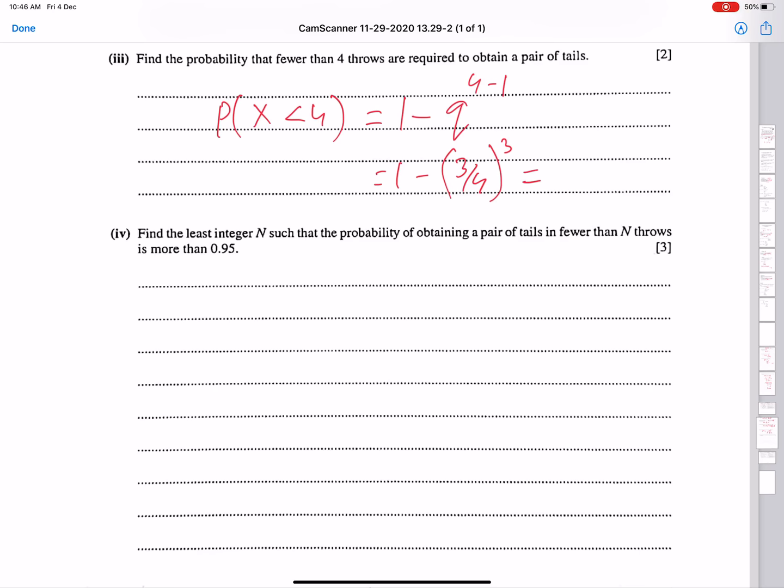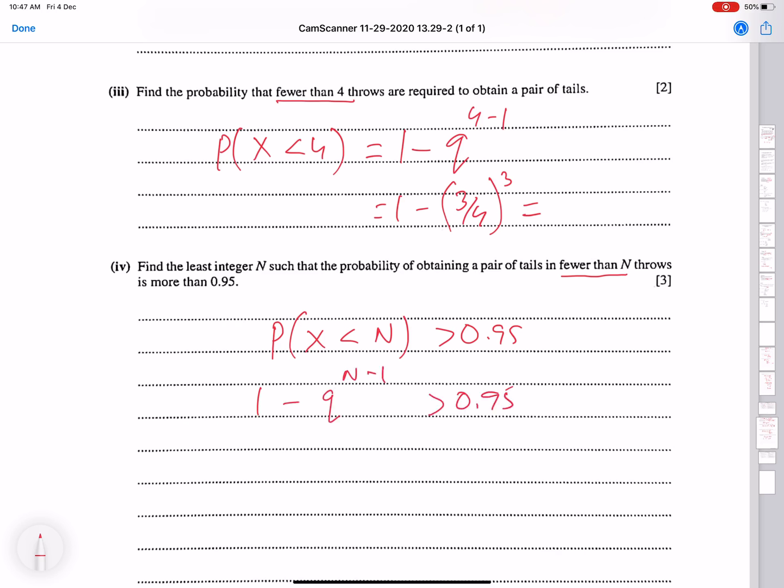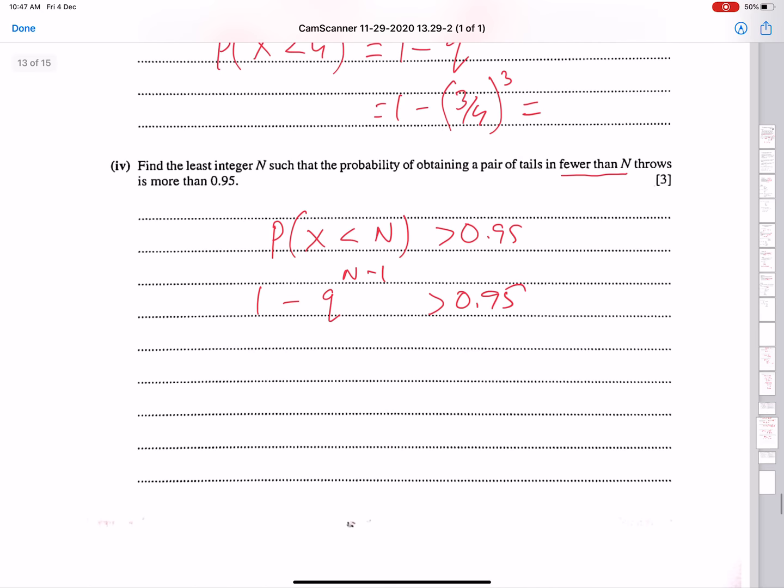Find the least integer n such that the probability of obtaining a pair of tails in fewer than n throws. Now this is simple. Fewer than n throws, fewer than 4 throws, both are the same. So you can solve this part with the help of the previous part. 1 minus q to the power n minus 1. Now you know how to complete this.